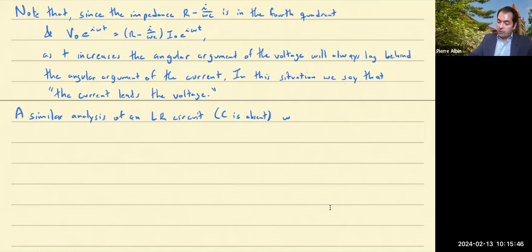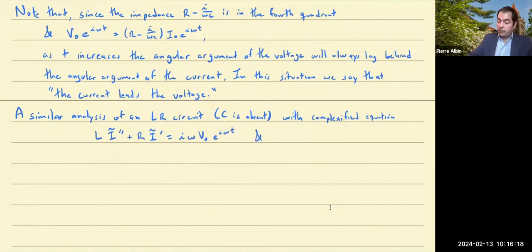So in this case, if you have an LR circuit and we skip ahead to the complexified equation, it would look like L times I tilde double prime plus R times I tilde prime equals I omega V naught times e to the I omega t, right?